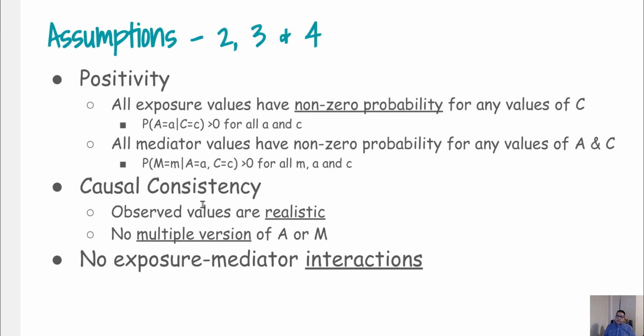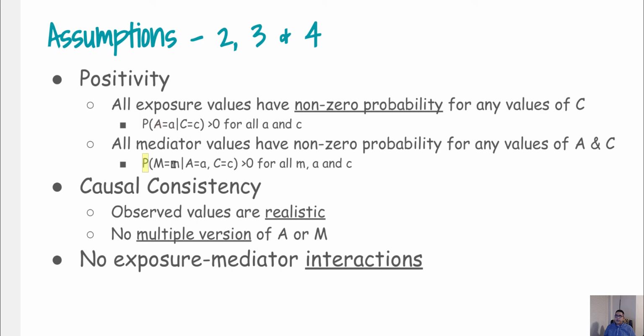So the rest of these assumptions are also mostly common with the propensity score analysis. The positivity assumption: previously when we were dealing with positivity, we were only considering whether our probability of being exposed given certain characteristics was greater than 0 or not.